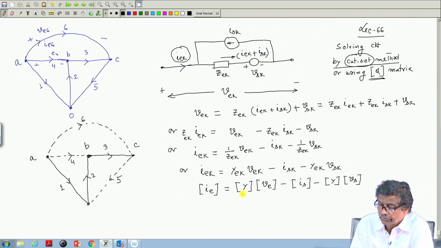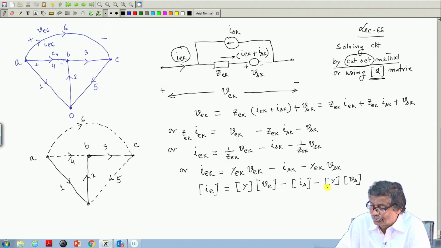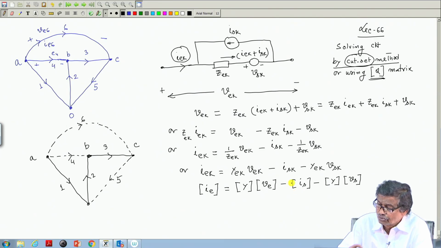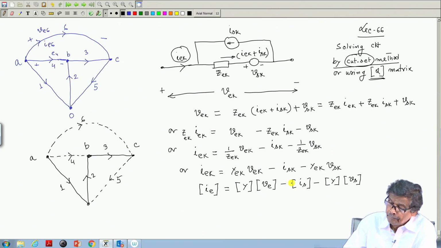Here it will be a diagonal admittance matrix. This will be once again a column matrix of different element voltages, and these are the source voltage and current. Source voltage and current, keep it always on the right hand side. That also we have applied previously.